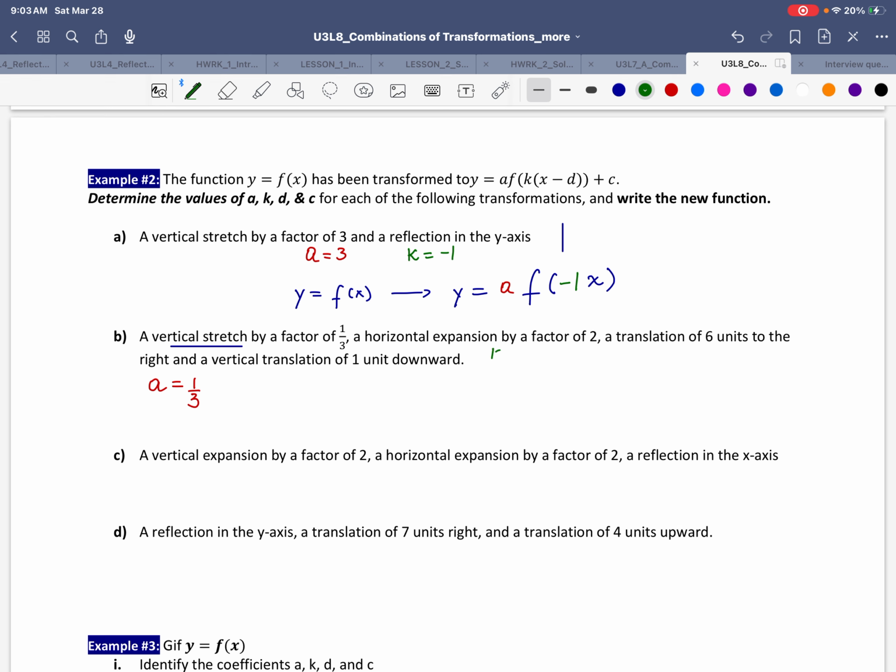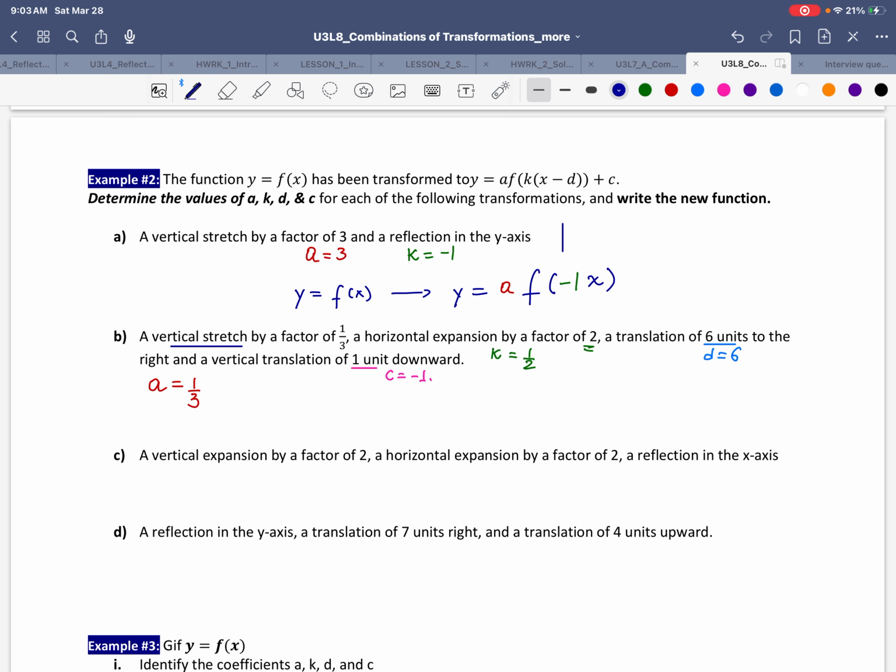And since we have an expansion, it means that the graph has become 2 times wider, which makes the coefficient k equal to 1/2. Now there is a translation of 6 units to the right that will make it a horizontal translation, which makes the value of d equal to +6, and a vertical translation of 1 unit down, which makes the coefficient c equal to -1.